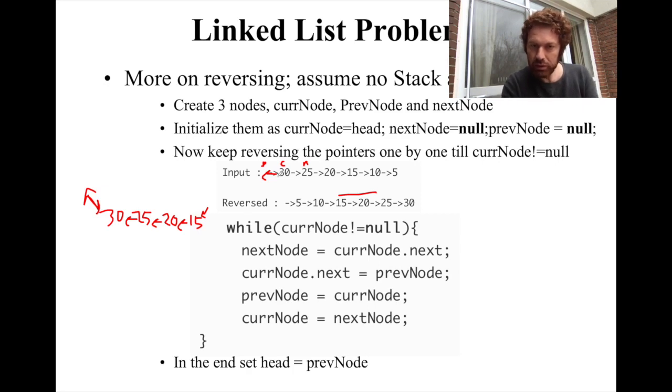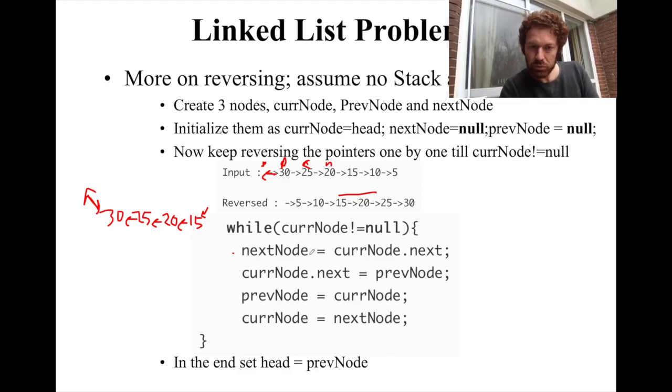Then I shift everything to the right one step. So prev node becomes this, this is current, and in the next iteration, next node will be this. Now it will be even more clear.